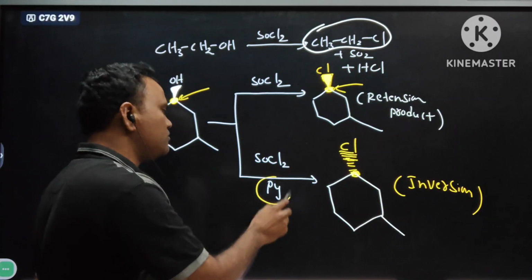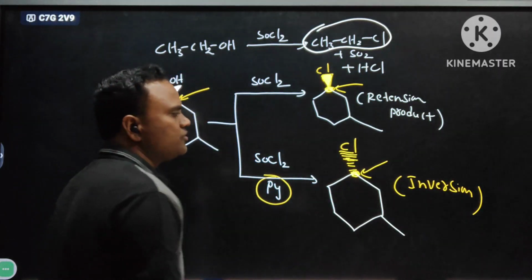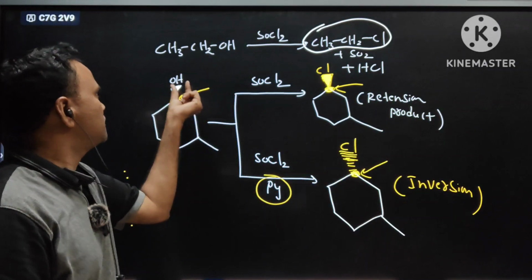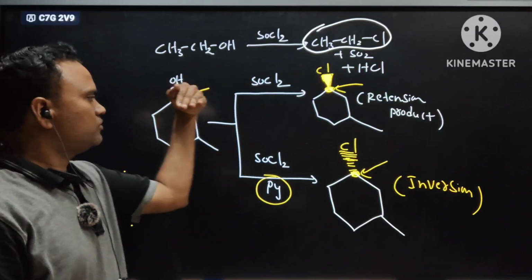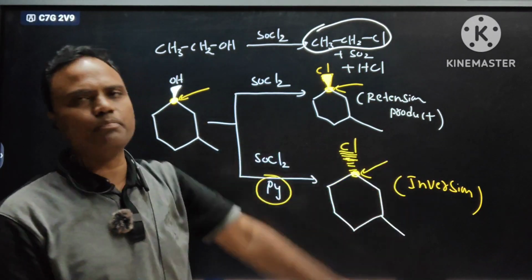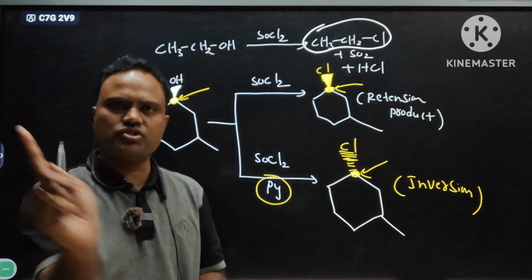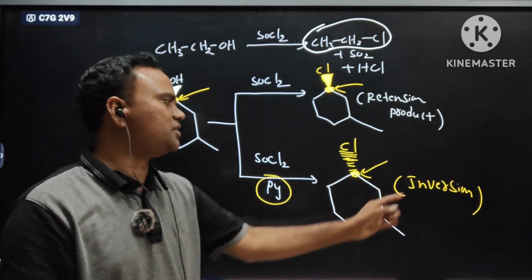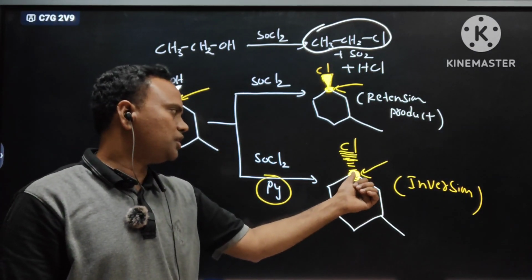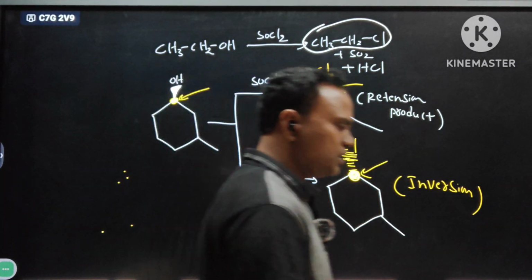But when you take pyridine solvent, in the presence of pyridine, see, this carbon's configuration is changing. Cl is below the plane. Actually, OH is above. Instead of above, Cl is present opposite, below the plane. If the configuration is changed, the arrangement of atoms is changed, that is called inversion.